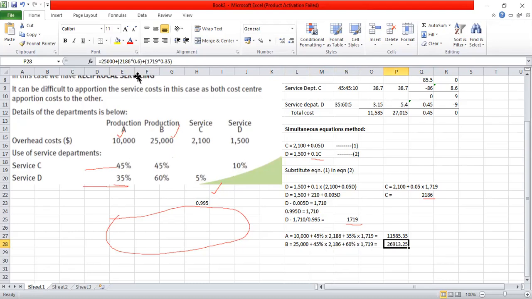So 25,000 plus 2186 into 0.45 plus 1719 into 0.60.